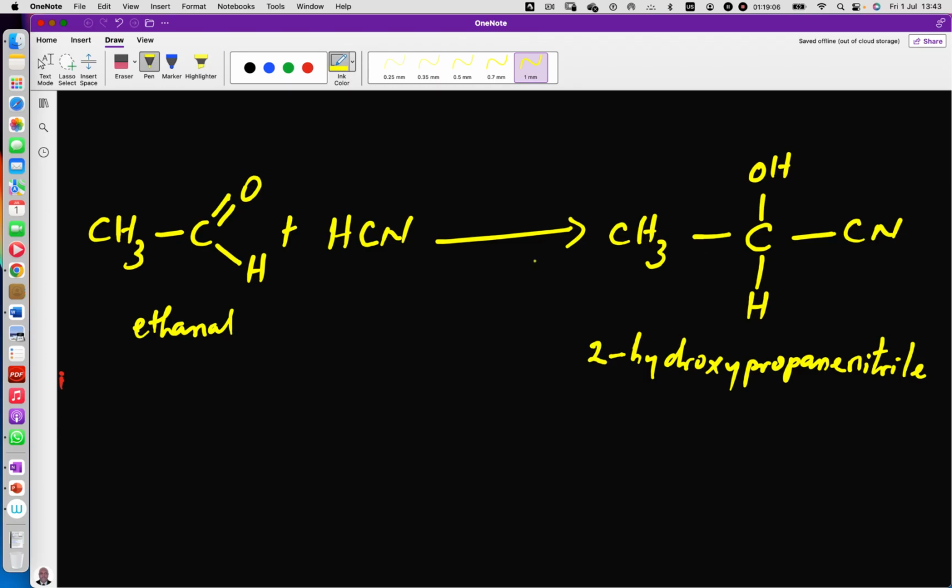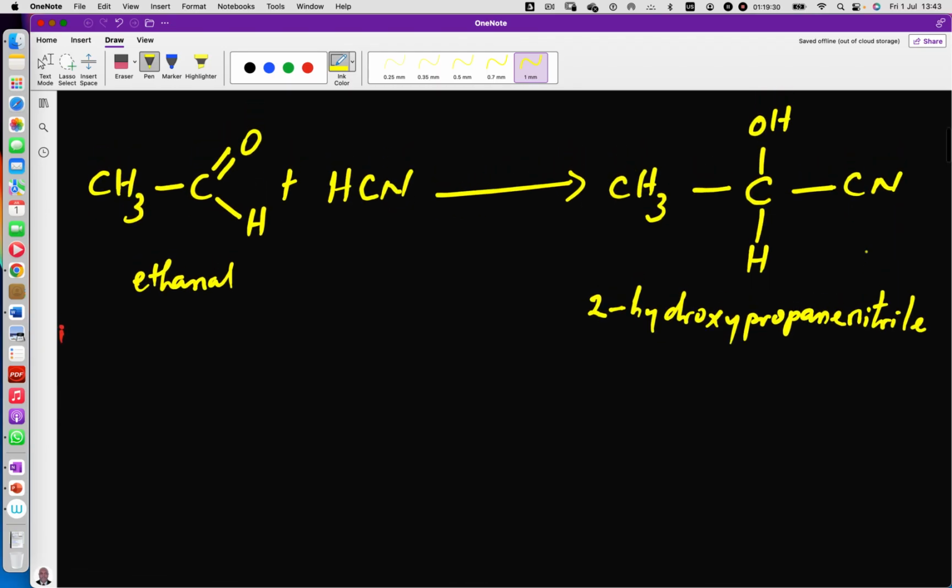They can ask you why this type of reaction is very important. The importance is that it leads to an increase in the number of carbon atoms, because initially it was ethanal, but now we have propane. 1, 2, 3. There are 3 carbon atoms. So it is 2-hydroxypropane nitrile.